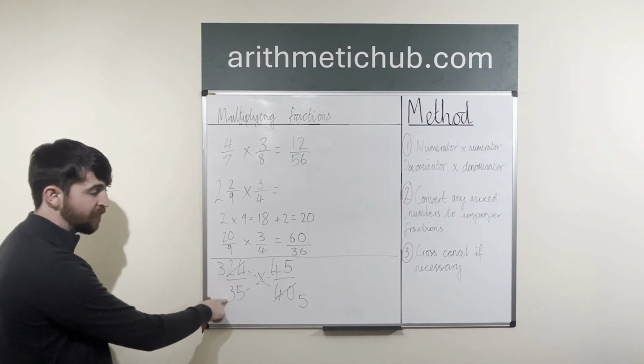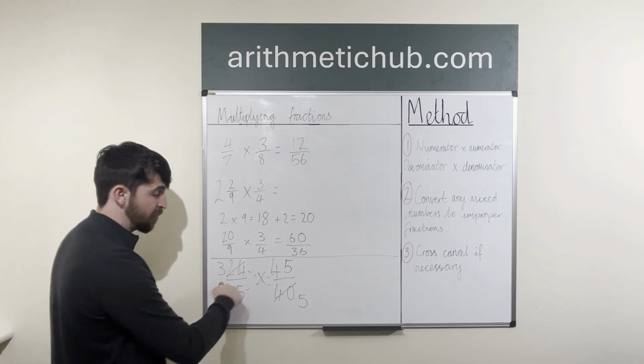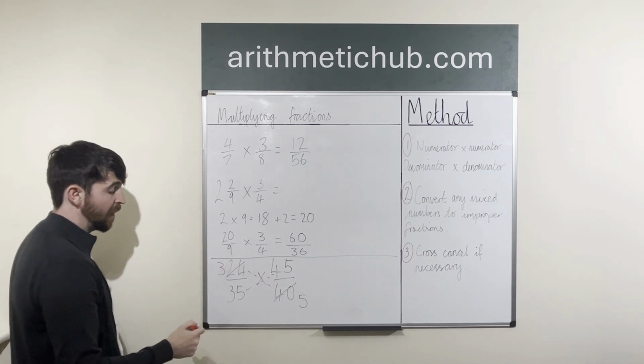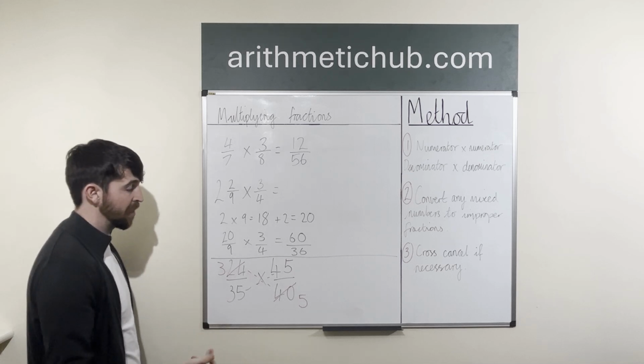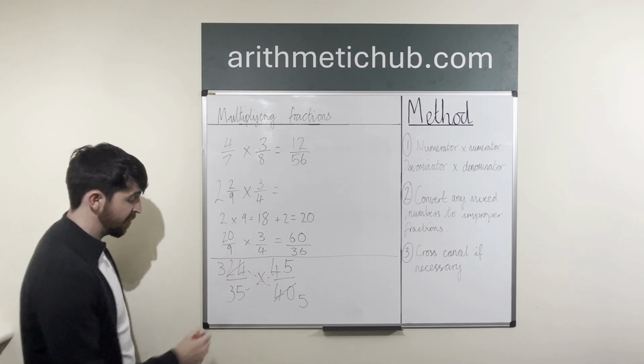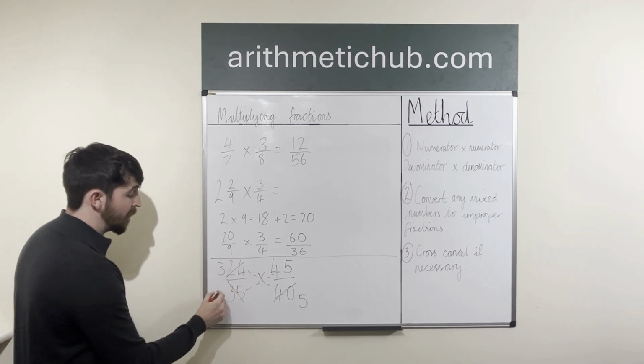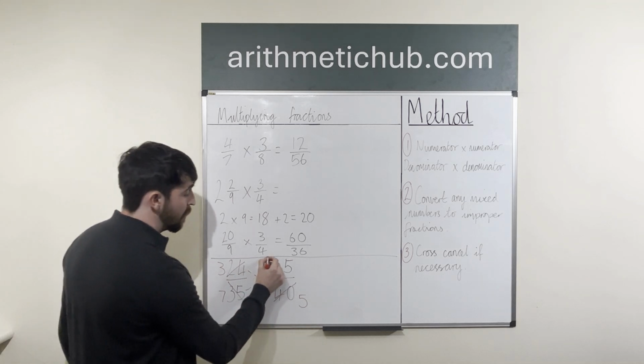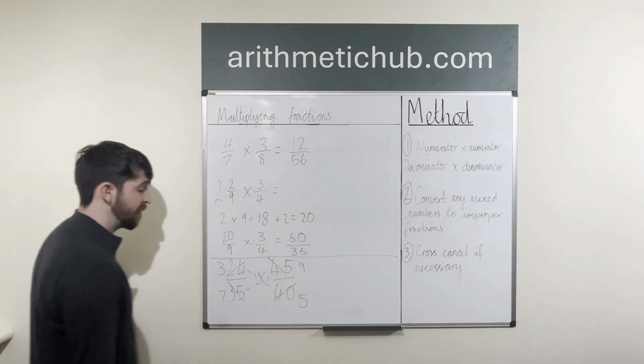But then we also have these that are both in the 5 times table as well, 35 and 45. So what I would do, the biggest number that goes into both 35 and 45 is 5. I would divide both of these by 5. 35 divided by 5 is going to give me 7. 45 divided by 5 is going to give me 9.